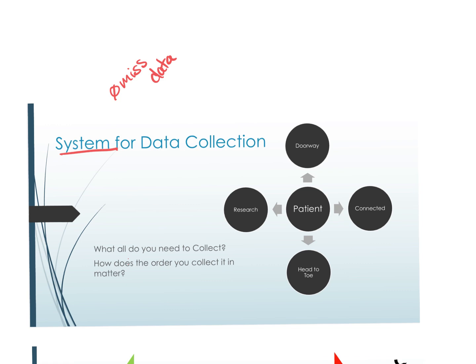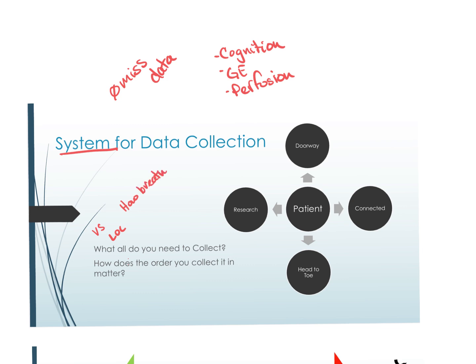So I want you to take a second and think about all the data you need to collect, right? Remember, especially for these first little bits, we're talking about cognition, gas exchange, and perfusion. So if we're talking about those three things, what data would we need to collect? Vital signs, level of consciousness, thinking about things like how are they breathing, not just the respiratory rate, but how are they breathing, right?